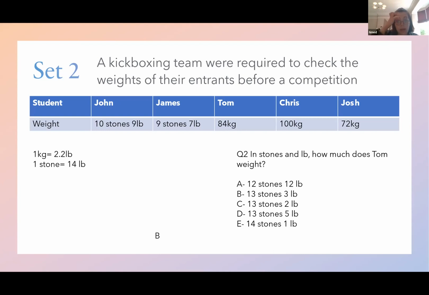We're first going to change it into pounds, and we do that by timesing by 2.2, because it was 2.2 pounds per kilo. And that answer should be about 185-ish. And then you need to figure out how many stones are within that, and you do that by dividing by 14 and seeing how many are left over, because there's 14 pounds in a stone.